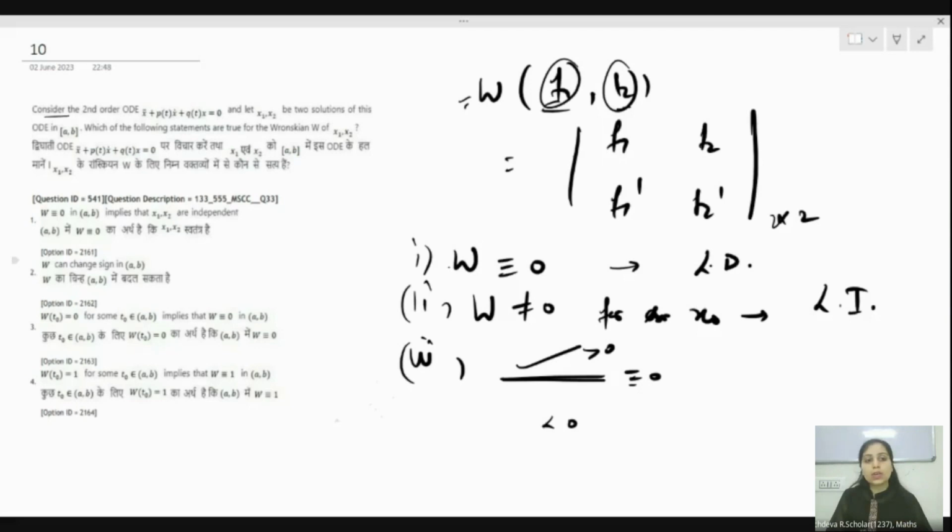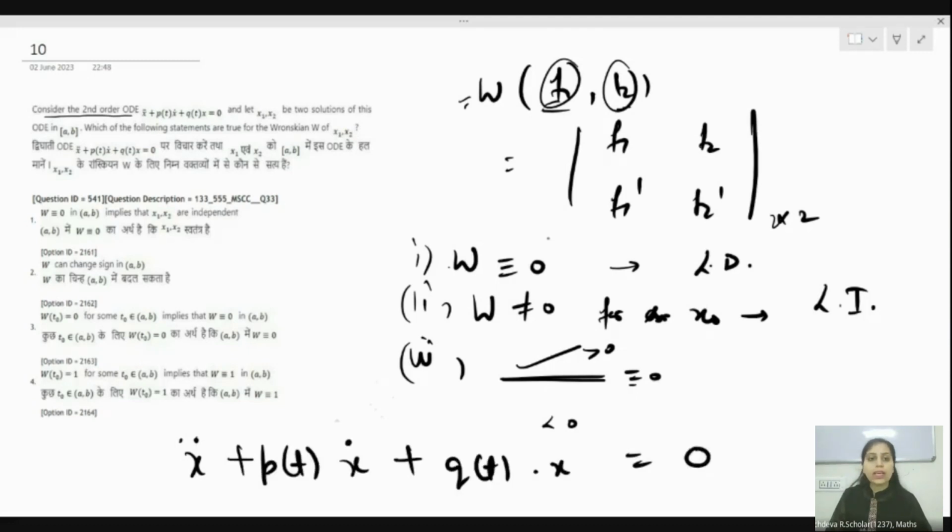The question says: consider the second order ordinary differential equation. What is the equation? x double derivative plus p(t) x derivative plus q(t) into x is equal to 0. Here, let x1, x2 be two solutions of this ordinary differential equation.